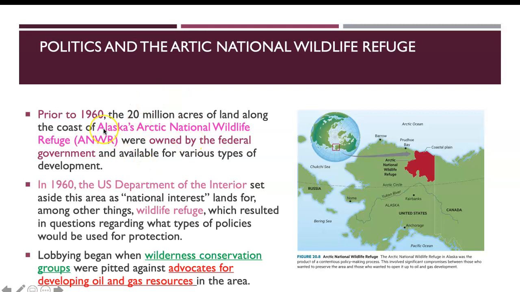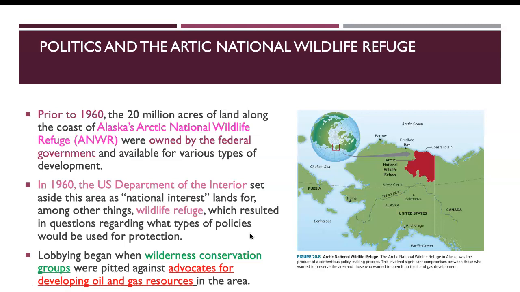Before 1960, this part of the land in Alaska, which belongs to the tundra biome, was owned by the federal government. In 1960, the Department of the Interior set aside this area as national interest lands for, among other things, a wildlife refuge, resulting in questions regarding what type of policies would be used for protection.